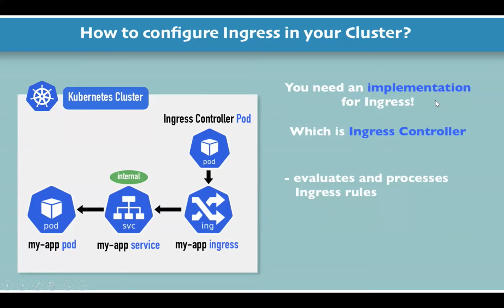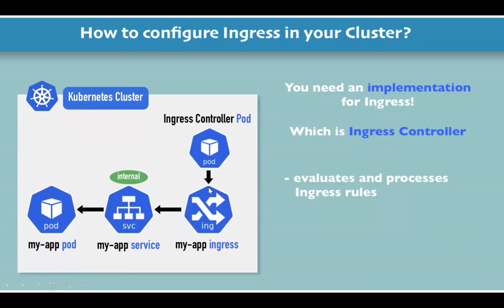Now you need an implementation for Ingress, which is the Ingress controller. The Ingress is basically your YAML file where you mention the rules and all. You need to install an Ingress controller separately in the Kubernetes cluster. It is not like it is always there in your Kubernetes.